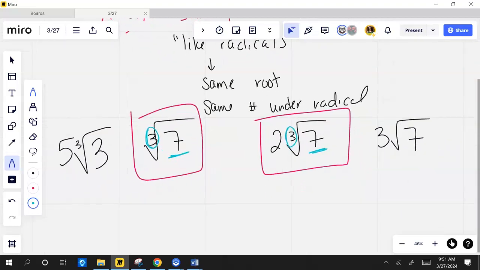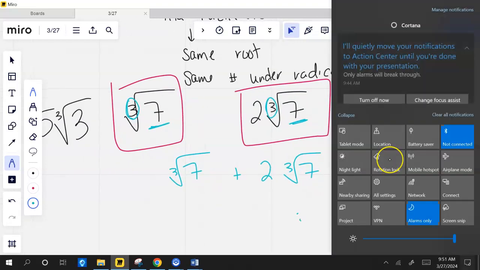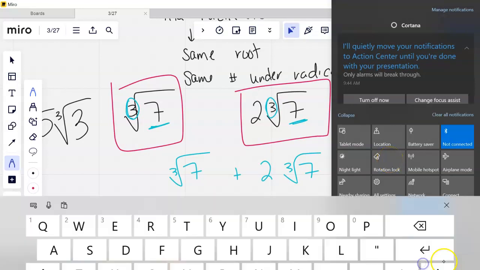So if I asked you what's the cubed root of 7 plus 2 times the cubed root of 7, we would combine these just like we would if it was x plus 2x. Meaning I just combine the coefficients.